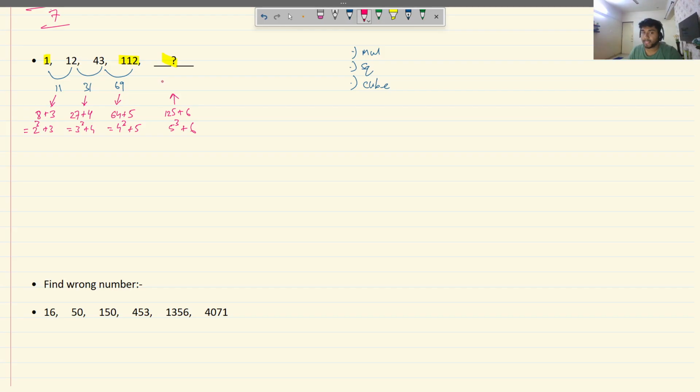So the consecutive difference would be 125 plus 6, that is 131. So if this number x would be 112 plus 131, that gives me 243. So my missing number is 243.